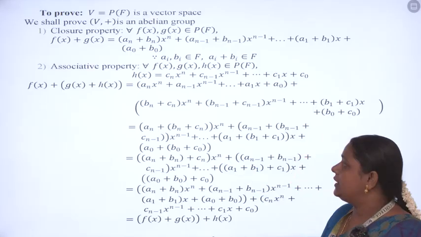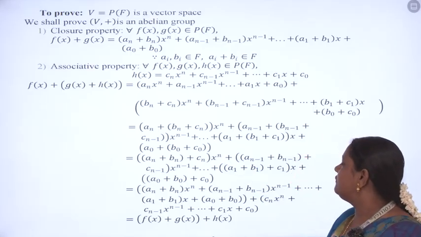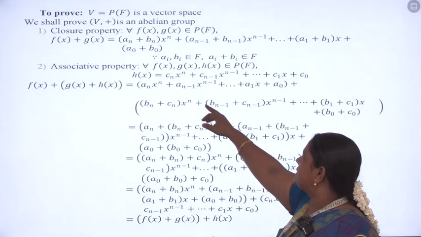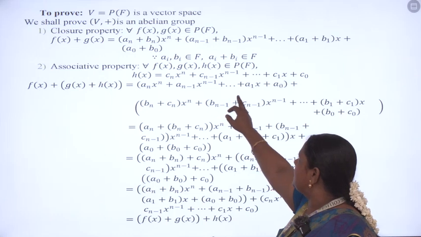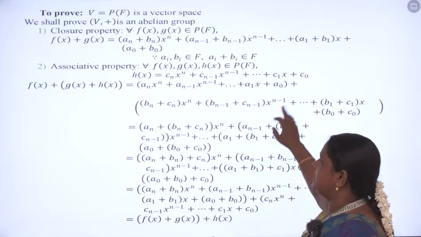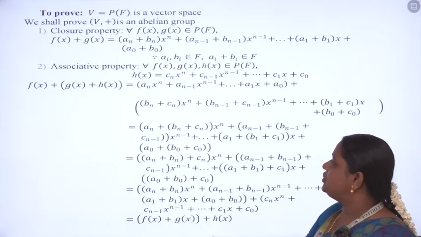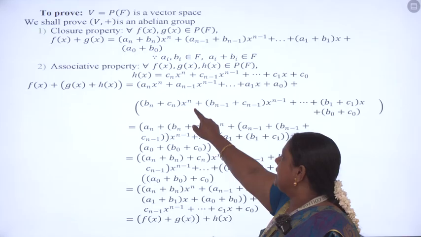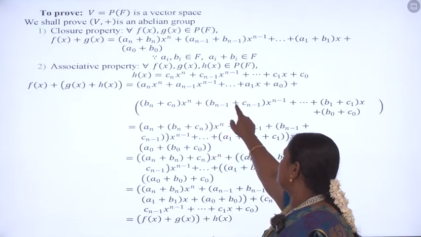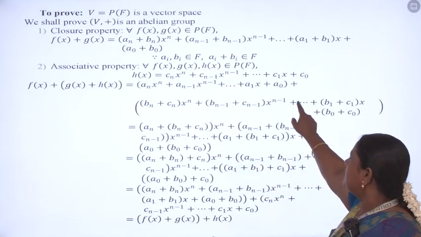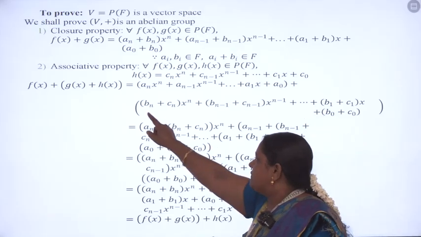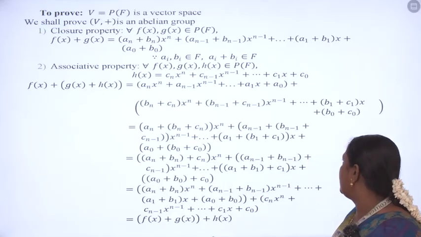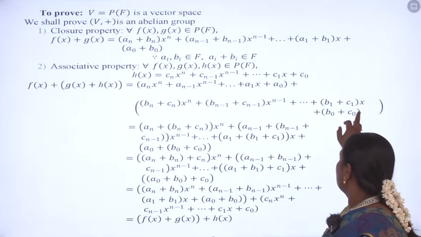Then the associative property. For all f of x, g of x, h of x belongs to P of F, h of x is equal to cn x power n plus cn minus 1 x power n minus 1 and so on c1x plus c0. So f of x plus g of x plus a combination of these two: an x power n plus an minus 1 x power n minus 1 and so on a1x plus a0, plus g of x values bn plus cn x power n plus bn minus 1 cn minus 1 x power n minus 1 and so on b0 plus c0.